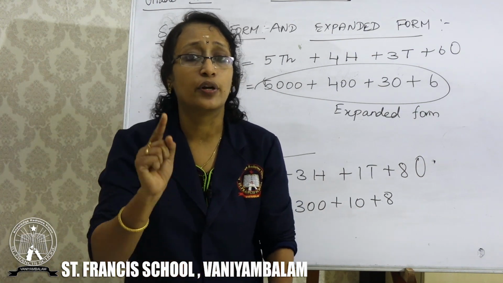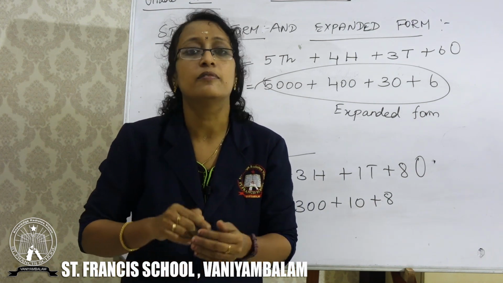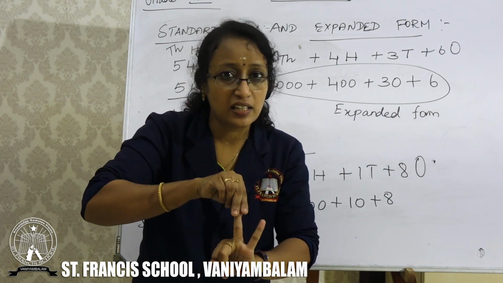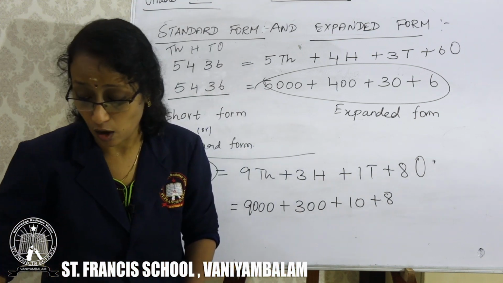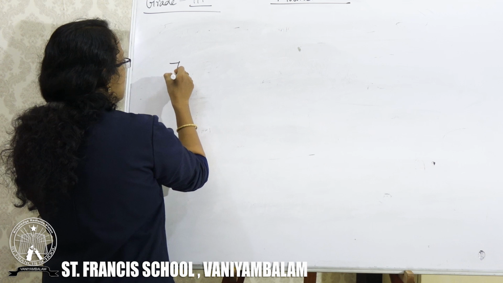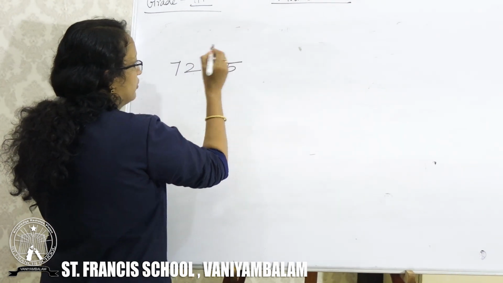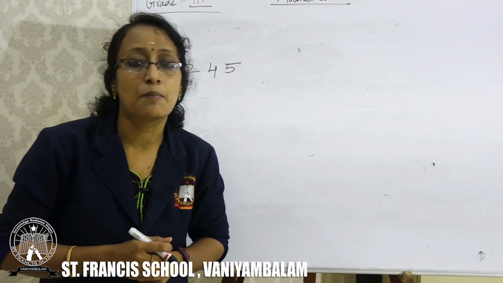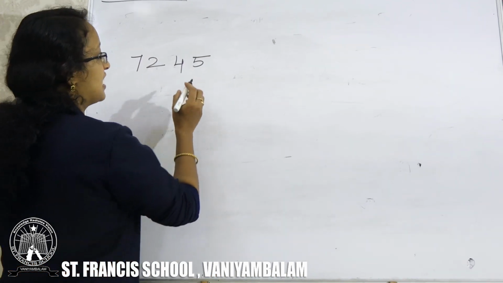At last we are going to do only one problem. In that one problem we are going to write face value, place value, standard form and expanded form. Let's see how to do it. I'll give you one standard form: 7245.